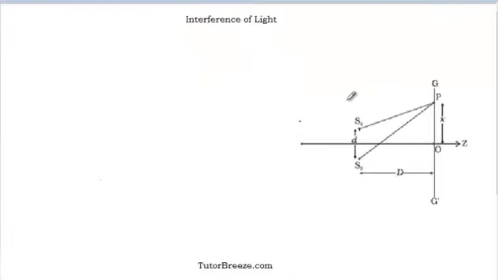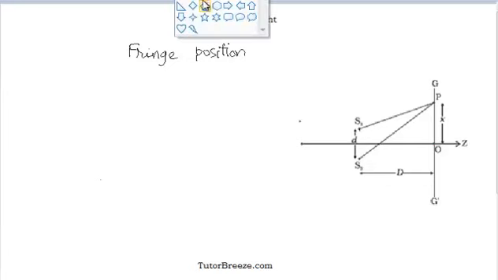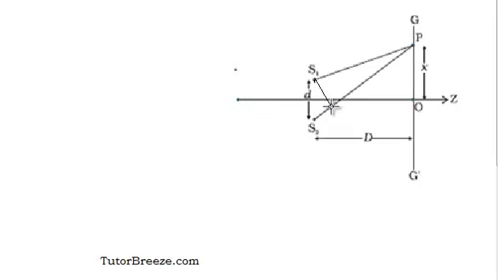Now in Young's double slit experiment, we are going to derive the fringe positions. So for this, we'll take a look at the path length difference. See, the path length difference is going to be this distance over here.